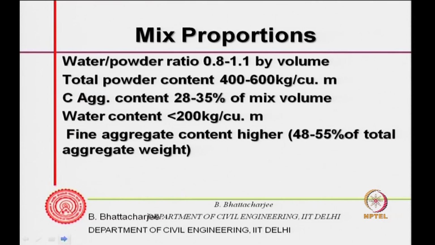Fine aggregate content obviously will be higher, because in normal concrete it will be around 700, and assume again 2.6 as the specific gravity. So, the volume would be this much.